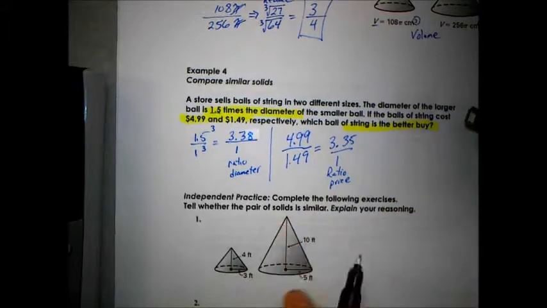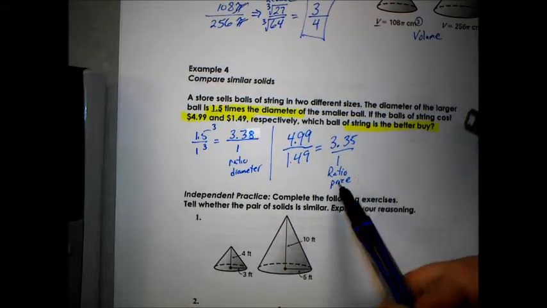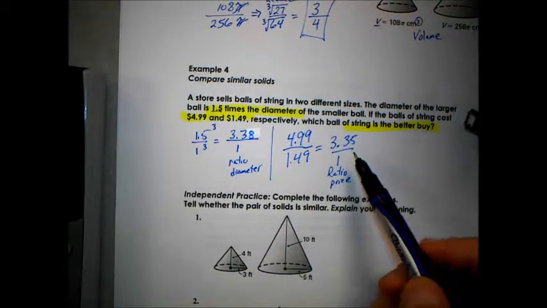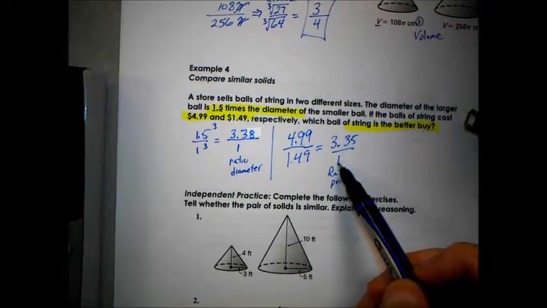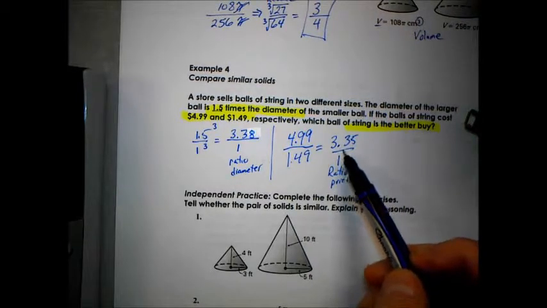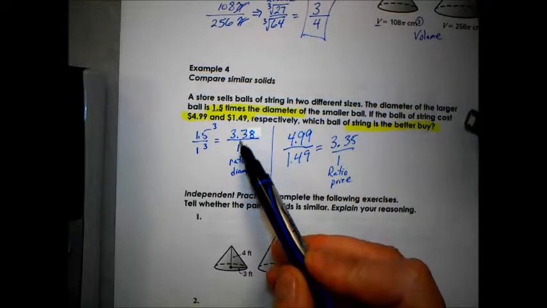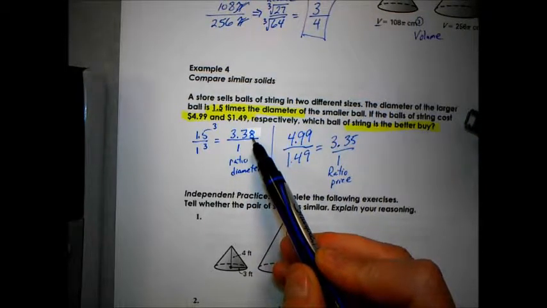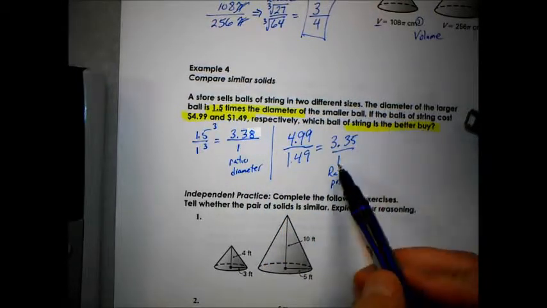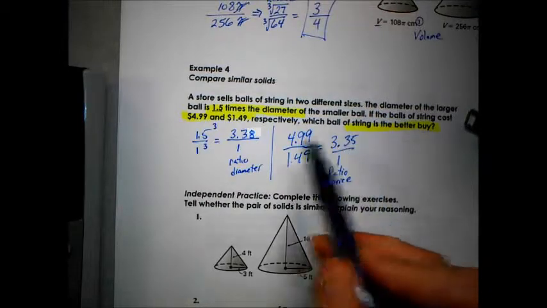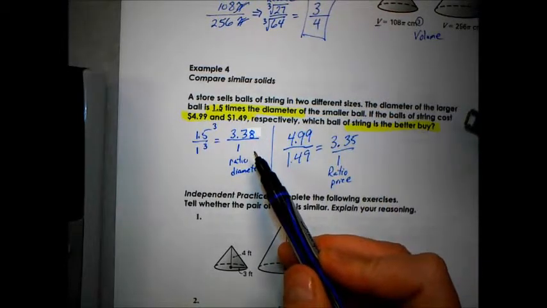So if I compare my numbers, the price ratio is 3.35 to 1, whereas here the change is 3.38. So your price is increasing less than the actual volume.